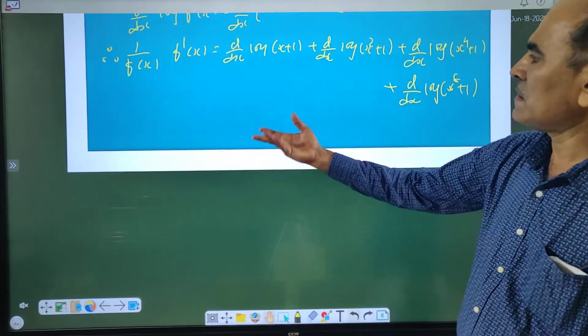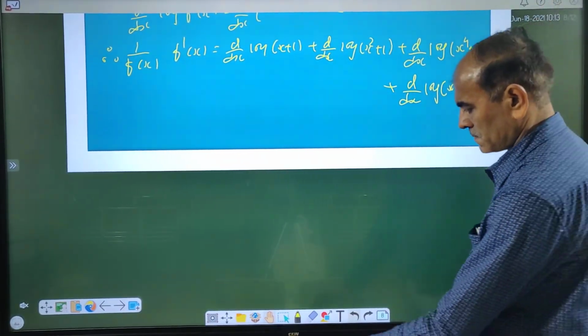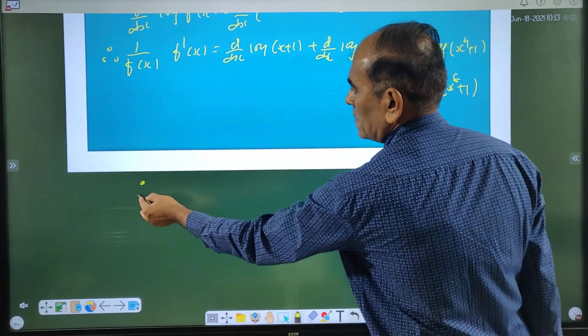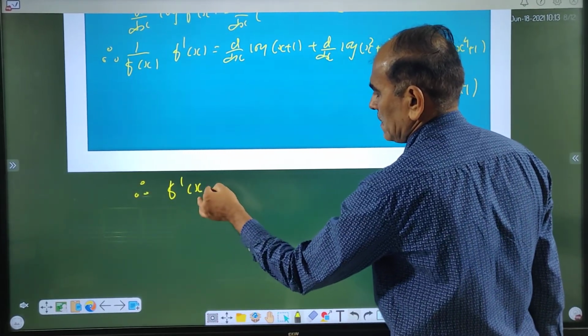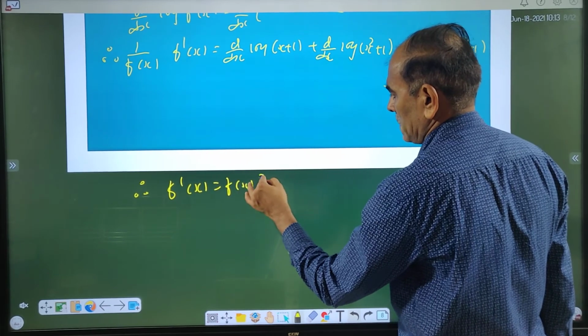So now once again we need to apply the log sum form. And therefore, can I write f dash x is equal to f x times.